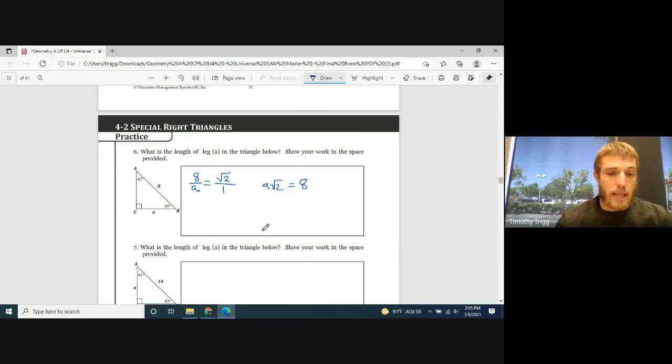Now my goal would be to get a by itself. So what we're going to do is divide by square root of 2 on both sides. So we got a on the left side equals 8 over the square root of 2.